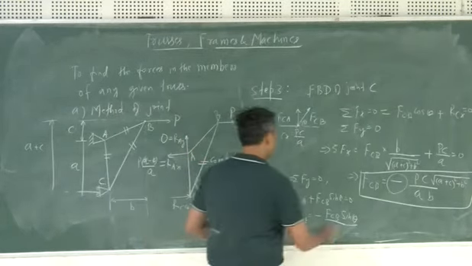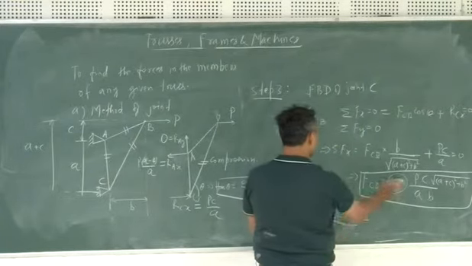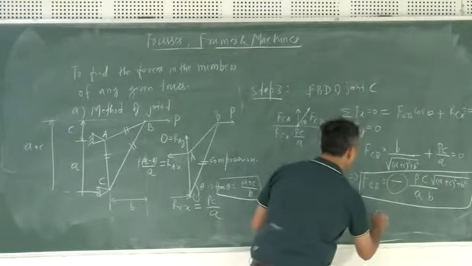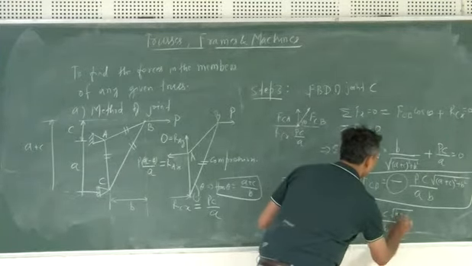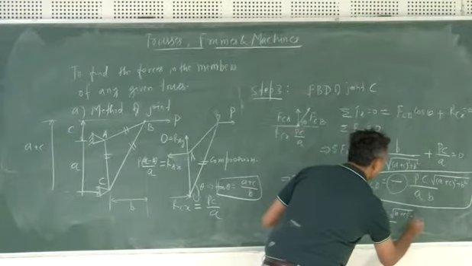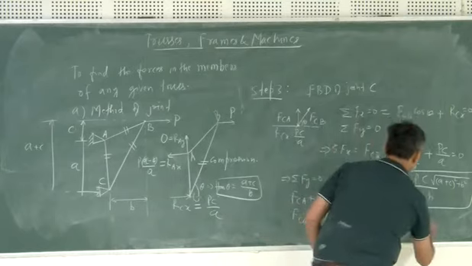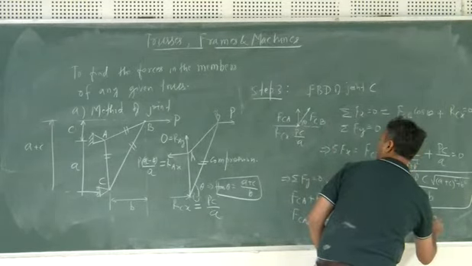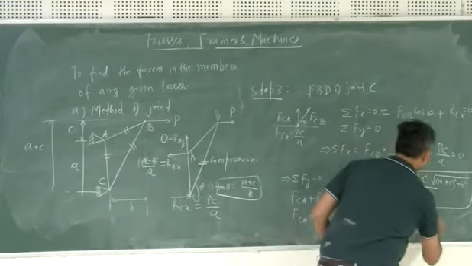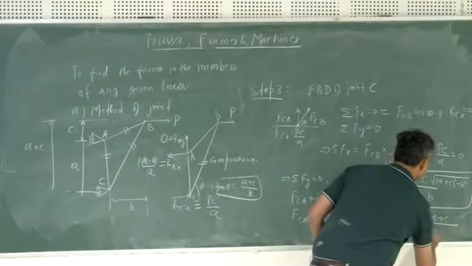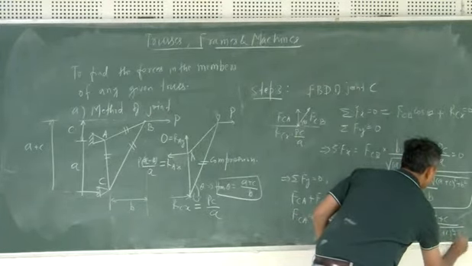It means that this particular quantity is minus FCB, so plus PC by, sine theta. Sine theta is nothing but your A plus C divided by the square root.